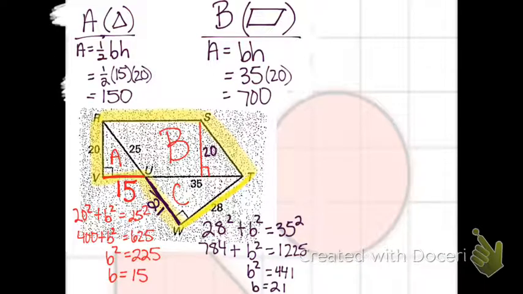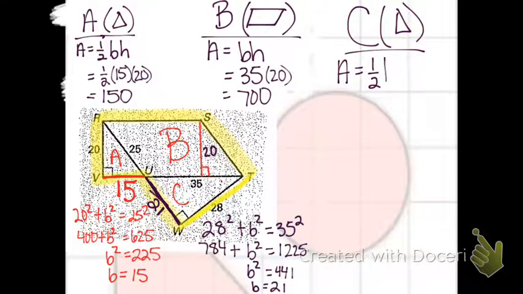All right, last up, let's look at section C, which is another triangle. So we are again using area equals 1/2 base times height. The base and the height need to be perpendicular. That's why we had to find this last side here that formed our right angle.